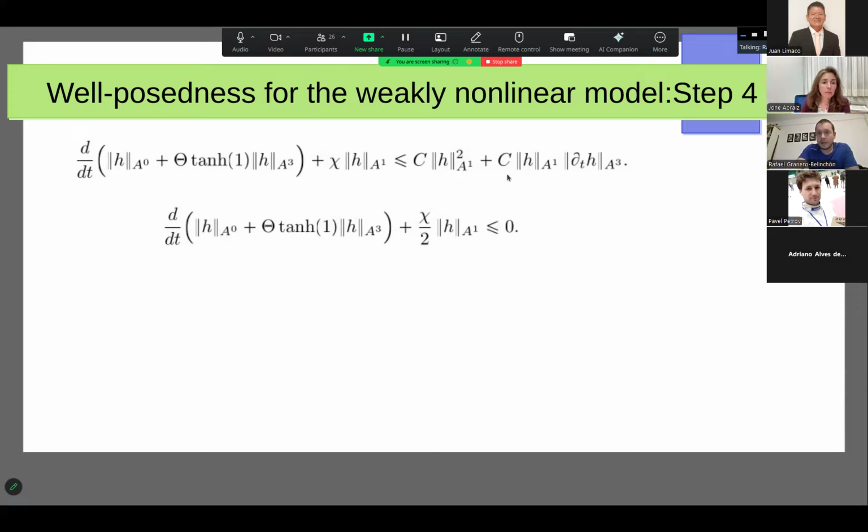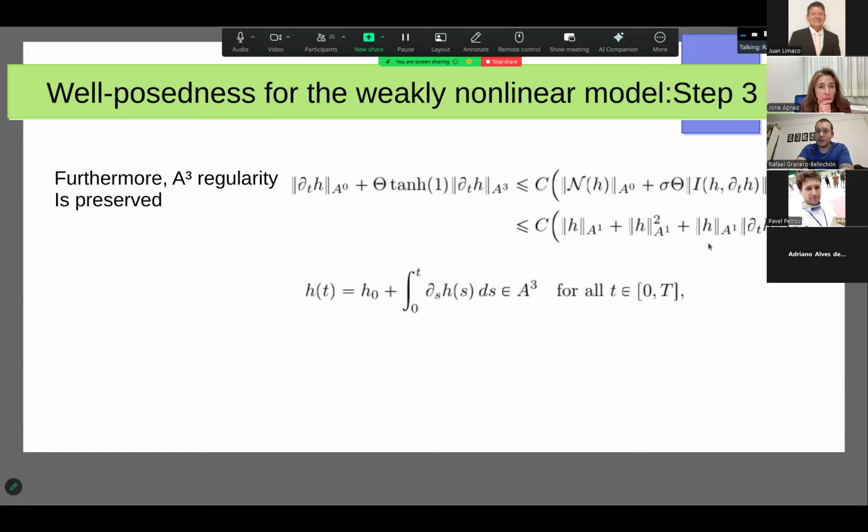And then, basically, once we have the bound right here, this guy right here will be again h in A1 plus. So if this is small, it can be absorbed by this contribution, and then basically every time we have a time derivative of h in A3, we have h in A1, h in A1 squared.